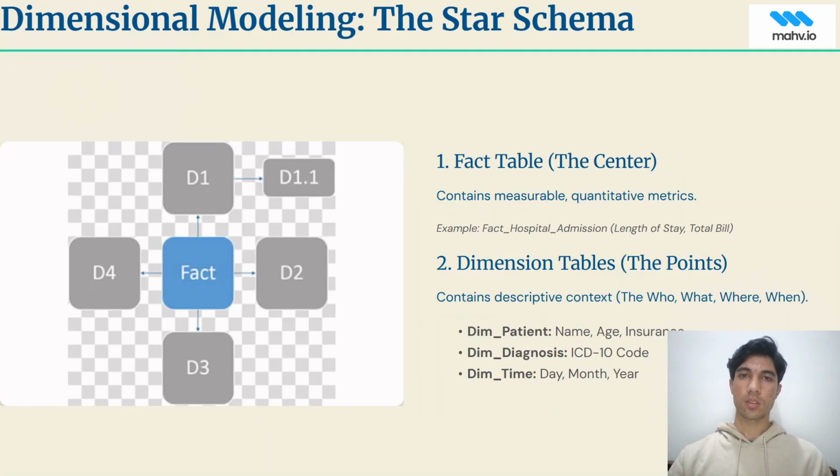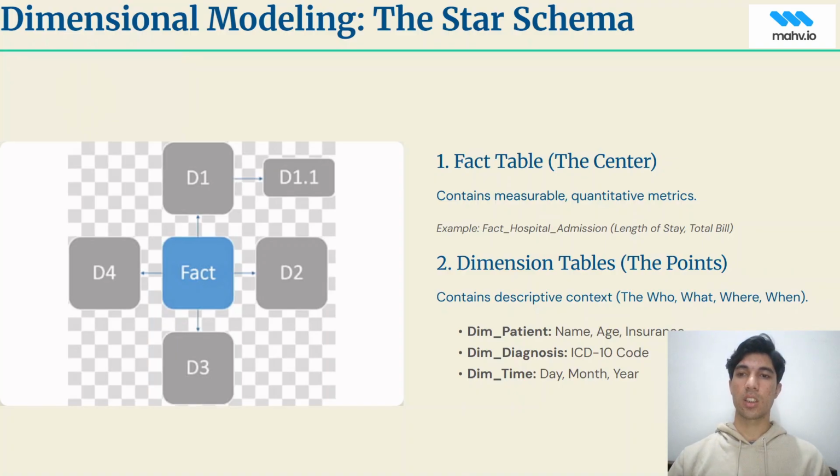Then let's discuss the star schema. Basically, the data warehouse uses a star schema. There is a central fact table. It is a single central fact table which contains quantitative metrics and all the facts about the healthcare data.